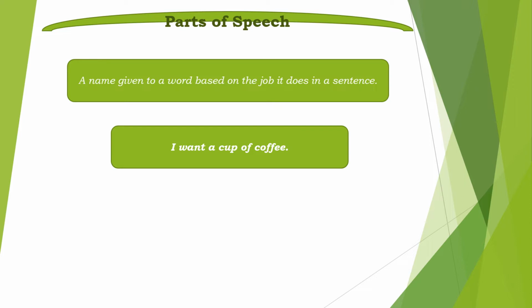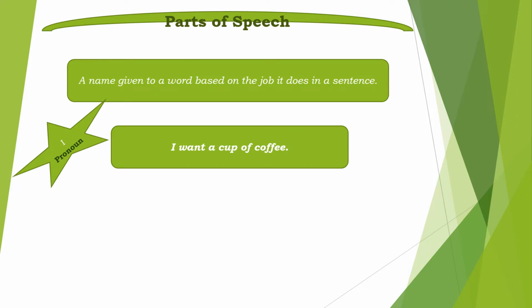Now, in order to write this sentence, I need all these group of words. And all these group of words belong to different parts of speech. Can you recognize all those different parts of speech? I'm sure you can, since you have watched my previous video on parts of speech part 1. Let's check them out.